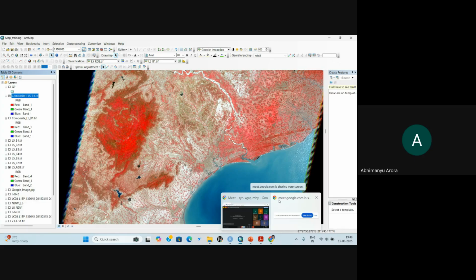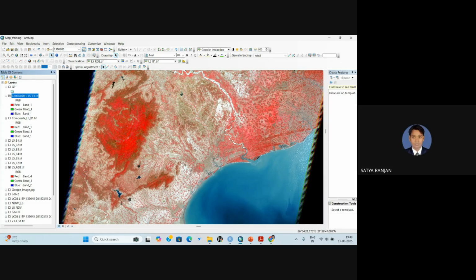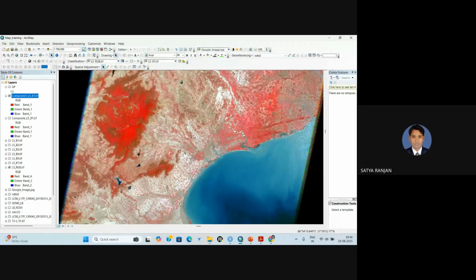It is just stretching; bilinear interpolation and different accumulation techniques are there. Some algorithms are there, that's why the coding is like this.